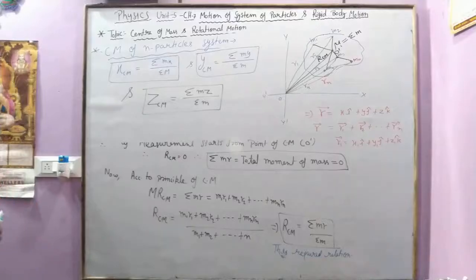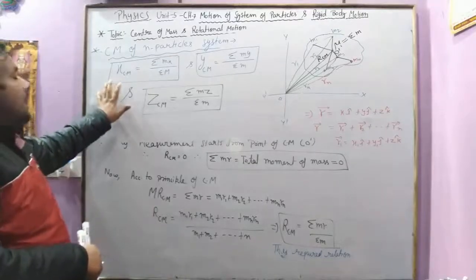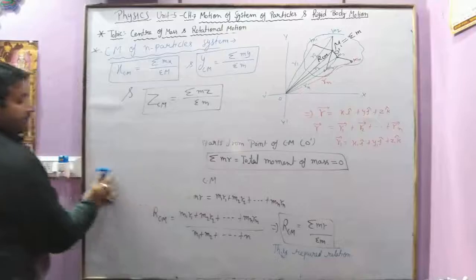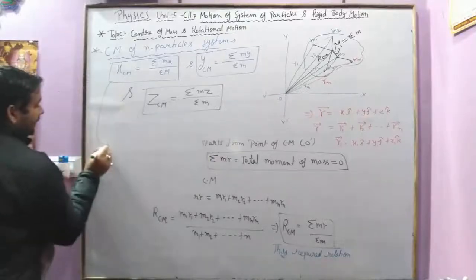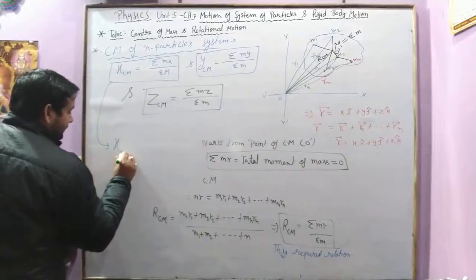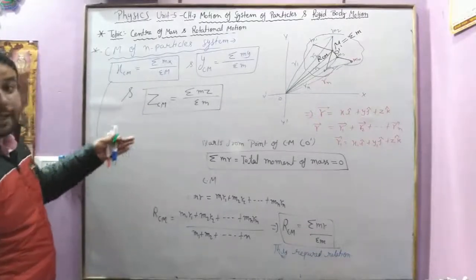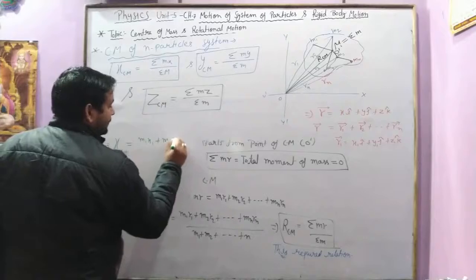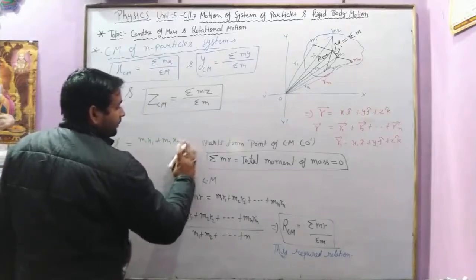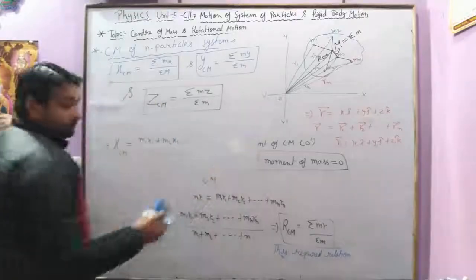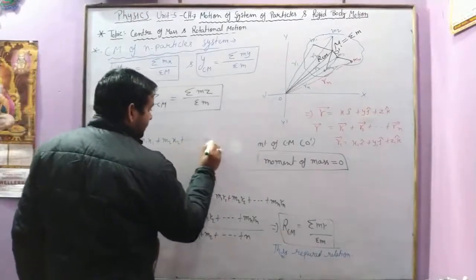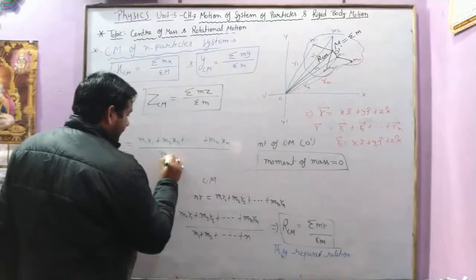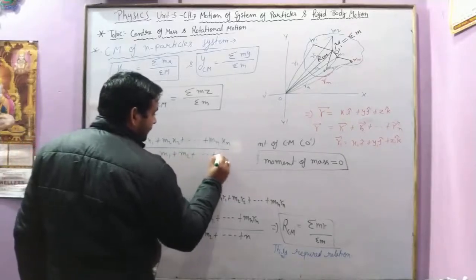Okay, this is the value of center of mass for the 3D case. For the x direction I will write it: the x coordinate of center of mass is m1x1 plus m2x2 plus mnxn upon m1 plus m2 plus mn.